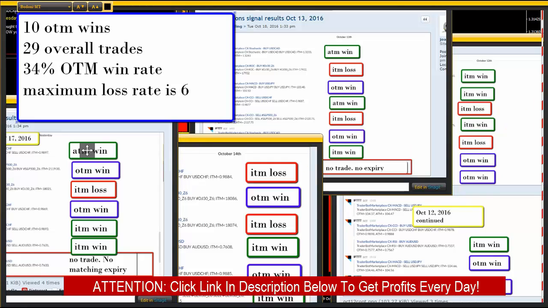Now, to count up the maximum loss rate overall, go into the forum and you can do this. I'm going to open up the forum again and we're just going to look at it for a minute. We're going to try to find 10, 12 losses in between OTMs. You're not going to find it, but just go with me for a second.